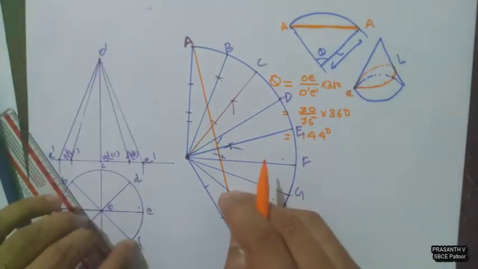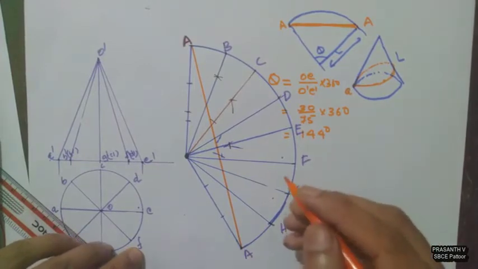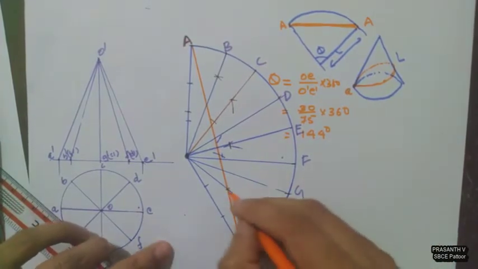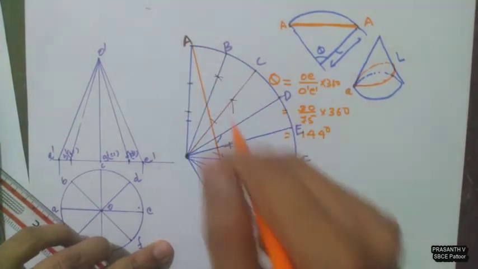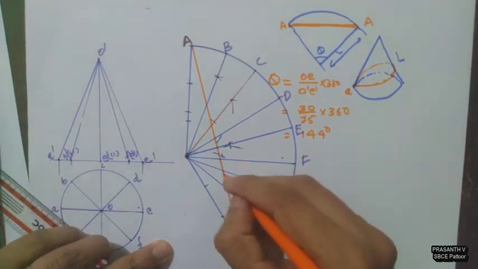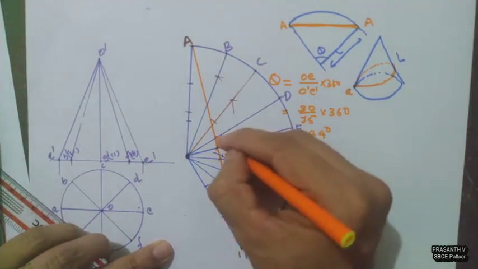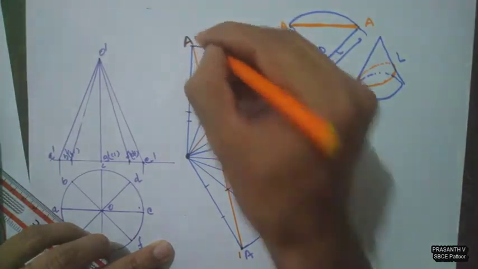Now we have to represent all these points in front view and top view also. For that, we just divide. So you have to mark the cutting points on these generators. Say point A is 1, this is 2, 3, 4, 5, 6, 7, 8, here it is 1.